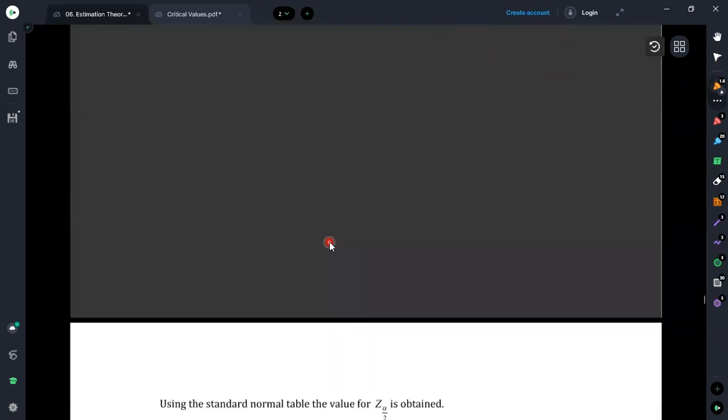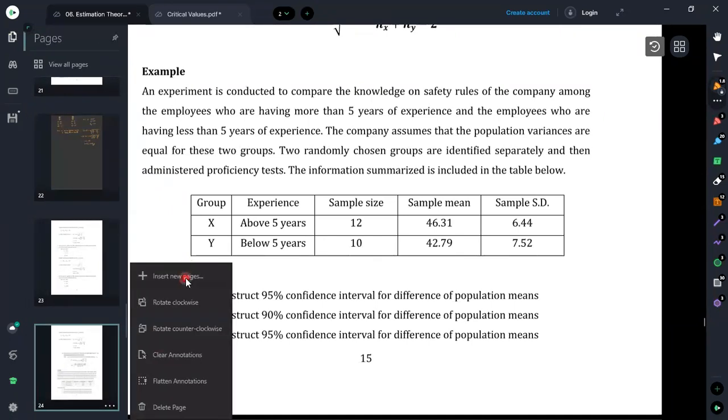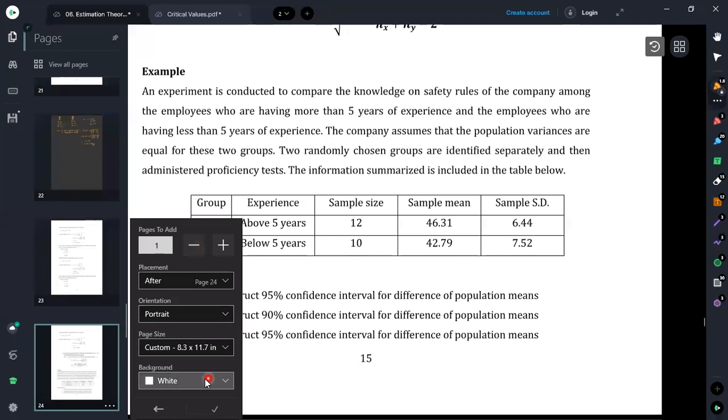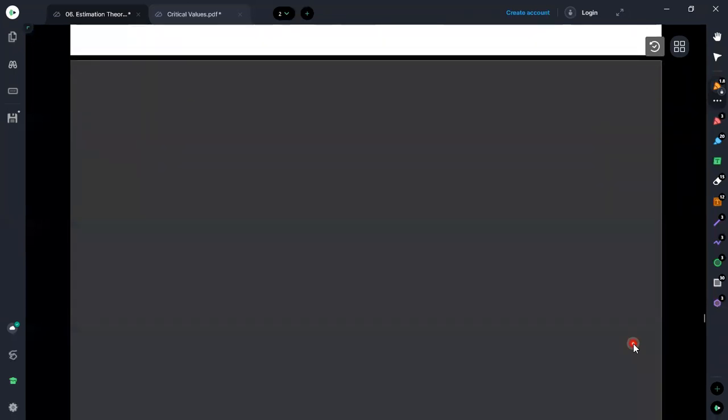In part A, we had independent large samples having known sigma squared.